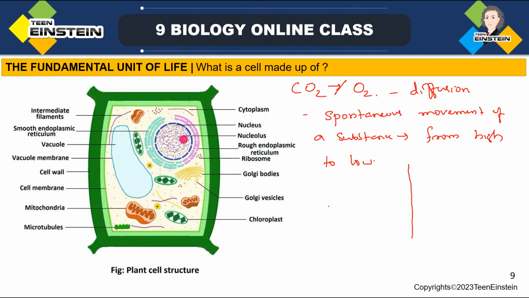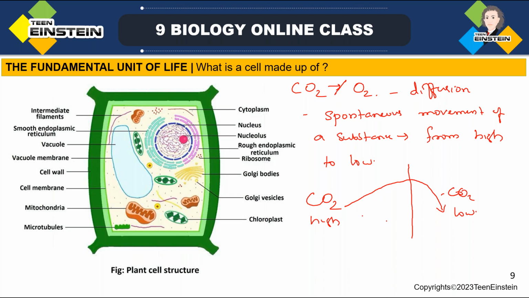See, suppose this is the cell membrane. Here carbon dioxide concentration is high. Inside, compared to outside, carbon dioxide concentration is low. So what will happen? From the region of higher concentration, carbon dioxide will move to the region of lower concentration.